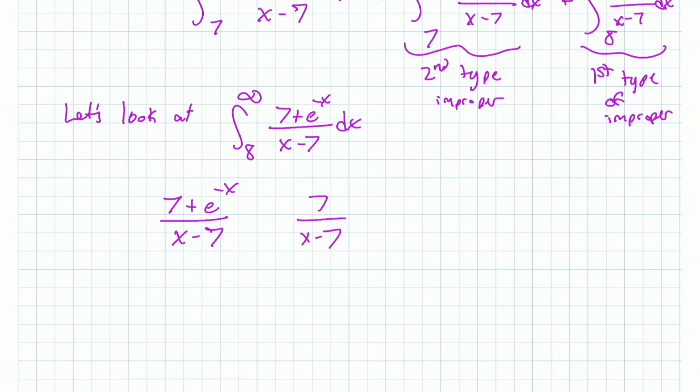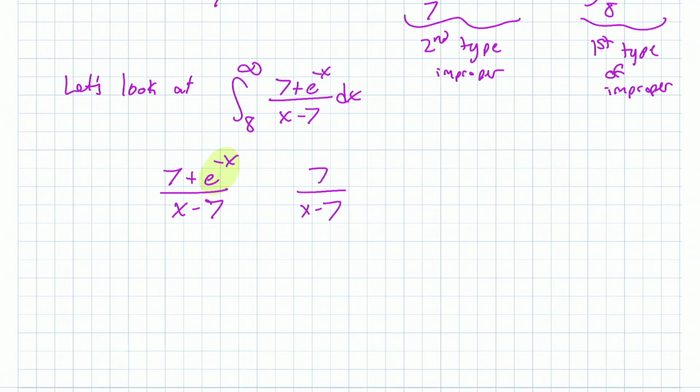So this is always positive, right? I know that e to the negative x is actually greater than 0. So if I replace it with 0, then the inequality is actually this way. Okay, so that's actually smaller.